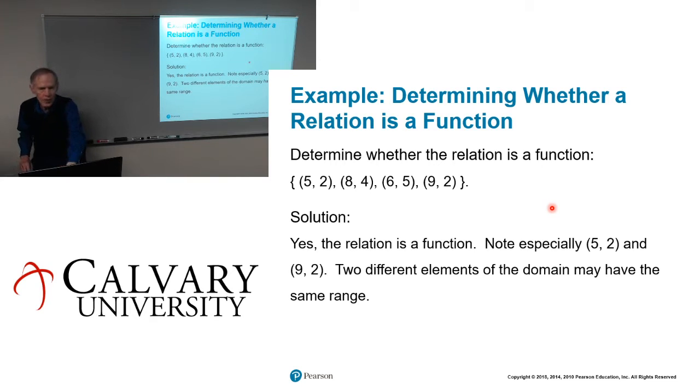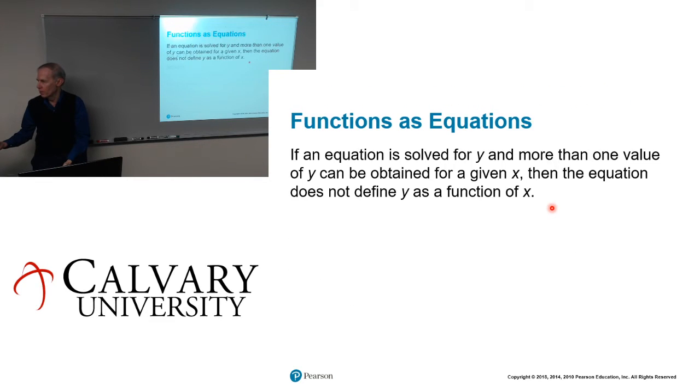So this is a function, and the formal definition is not something that you need to really worry about too much, because there's often graphs that are done, and the graphs, as I'll show you in just a little bit, make it a very easy way to indicate whether something is or is not a function.